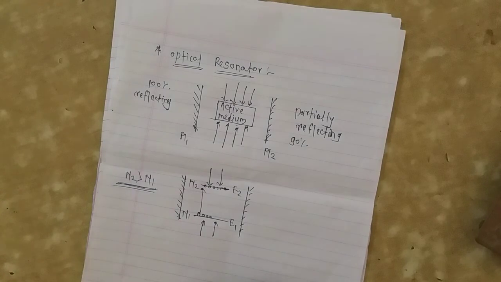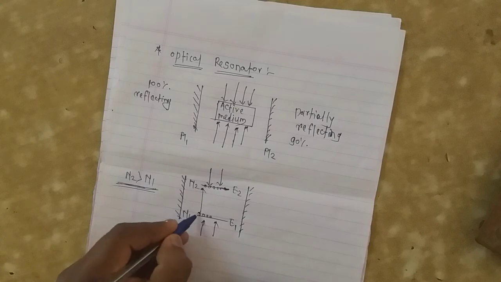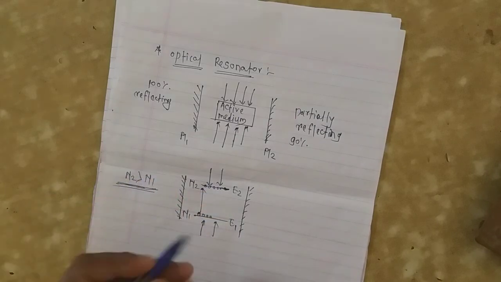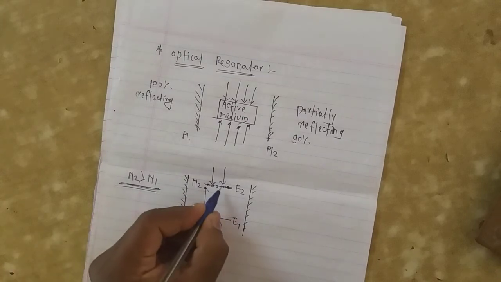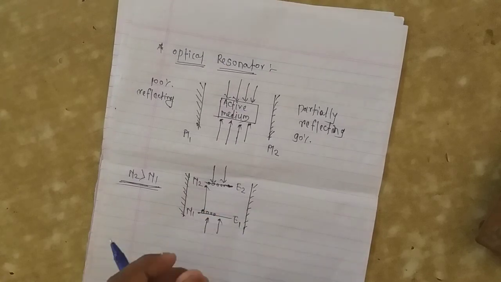The active medium is pumped. Pumping means to provide energy, and the atoms absorb energy and jump into the excited state. Then the number of atoms in the excited state is more than in the ground state. But these atoms do not stay more than 10 raised to minus 8 seconds, and they come back to the ground state.